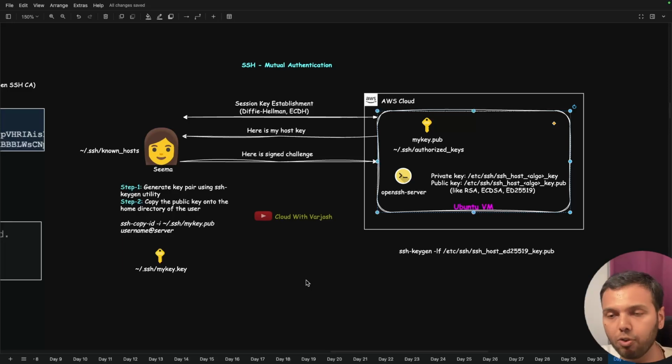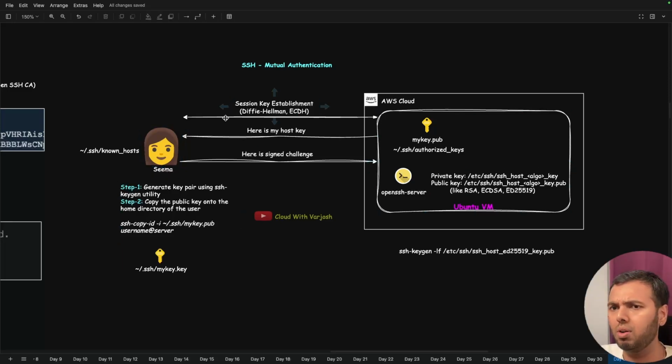If you have any confusion pertaining to symmetric keys, you can go back to day 30 and watch that lecture. With a symmetric key, there is only one key involved, and that one key is used both for encryption and decryption. For example, if Seema encrypts something using a session key, then the Ubuntu VM can only decrypt it if it has that session key or that symmetric key.